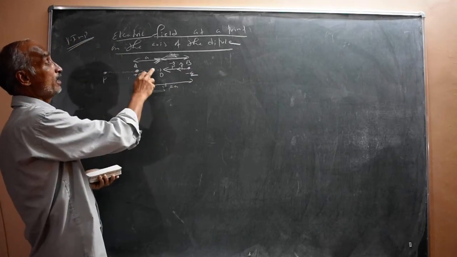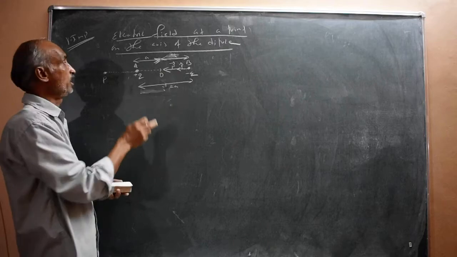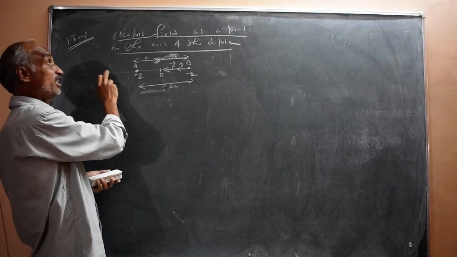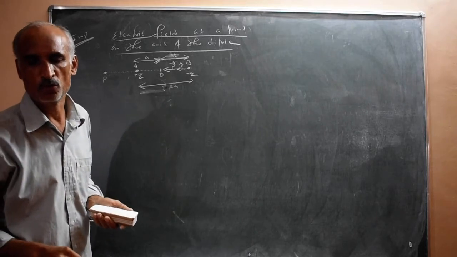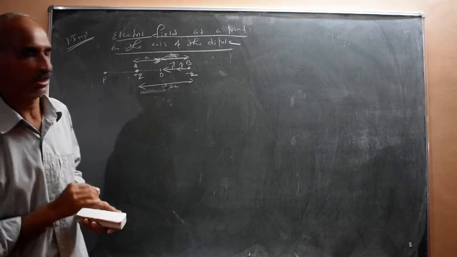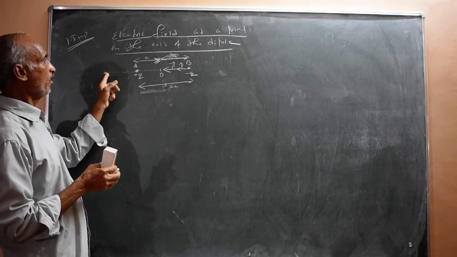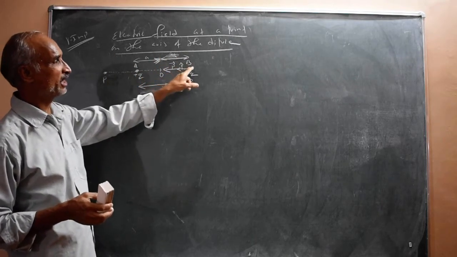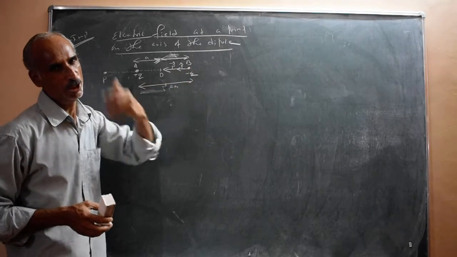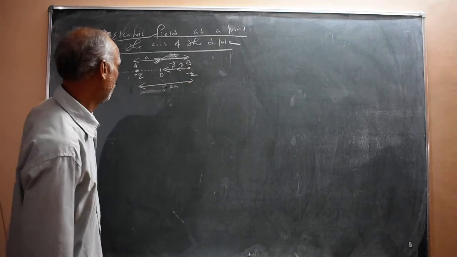The line joining minus q and plus q is called the axis, and you can extend it on either side. So the point P may be on the right side of plus q, or in between plus q and minus q, or on the side of minus q on the axis. At every point, the same formula is applicable.